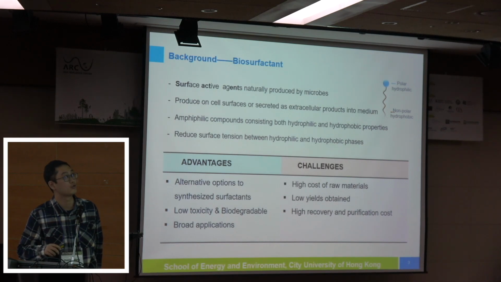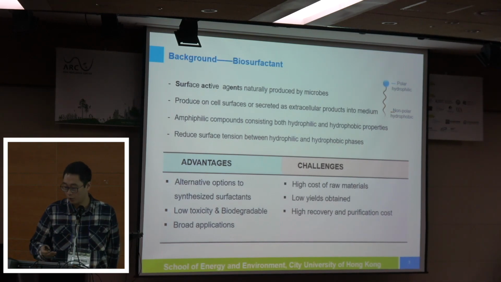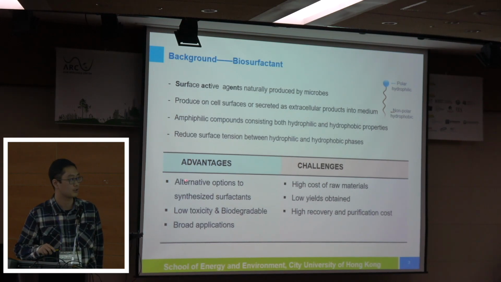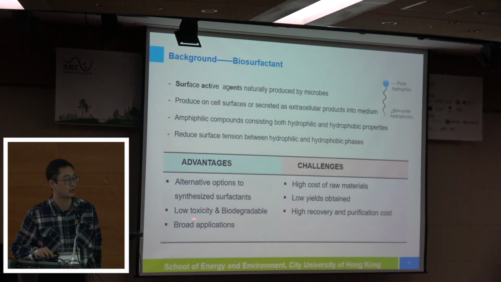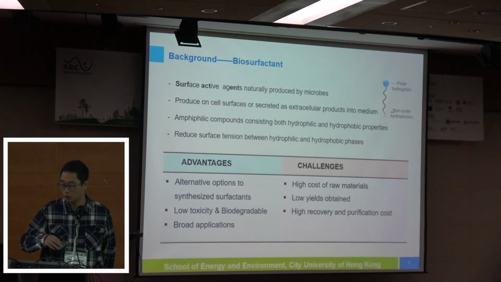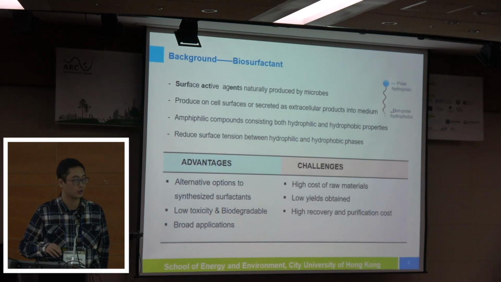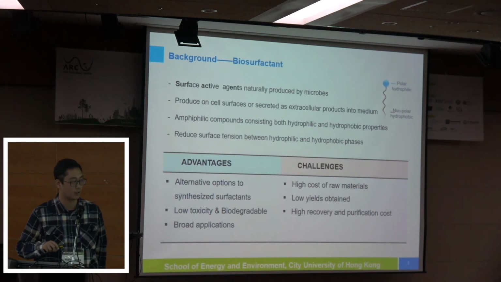So what's the advantage of biosurfactant compared with chemically synthesized surfactant? First, it is an alternative option to synthesized surfactants. Compared with the chemically synthesized one, it has lower toxicity, and the biodegradability is much higher. It also has many broad applications.